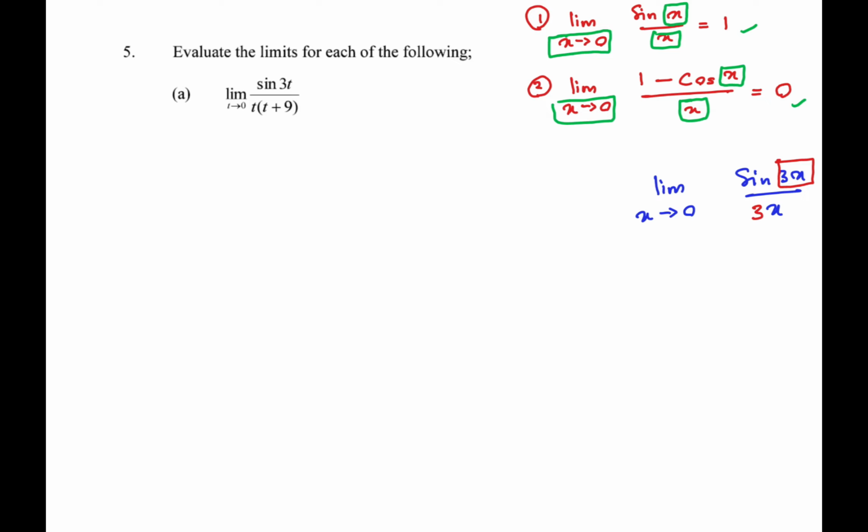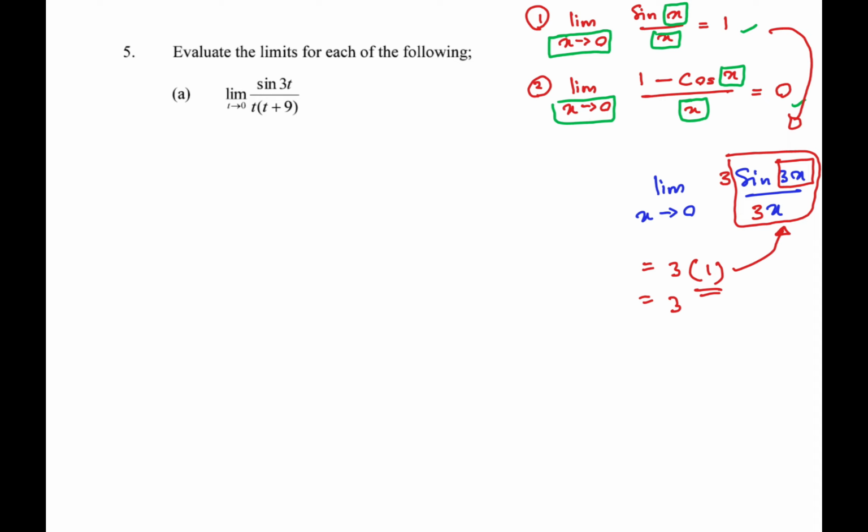If your denominator is multiplied by 3, your numerator should be multiplied by 3. We can see that this part is equal to 1 by using the first identity, so we get 3 times 1 equals 3. The 1 comes from this part.